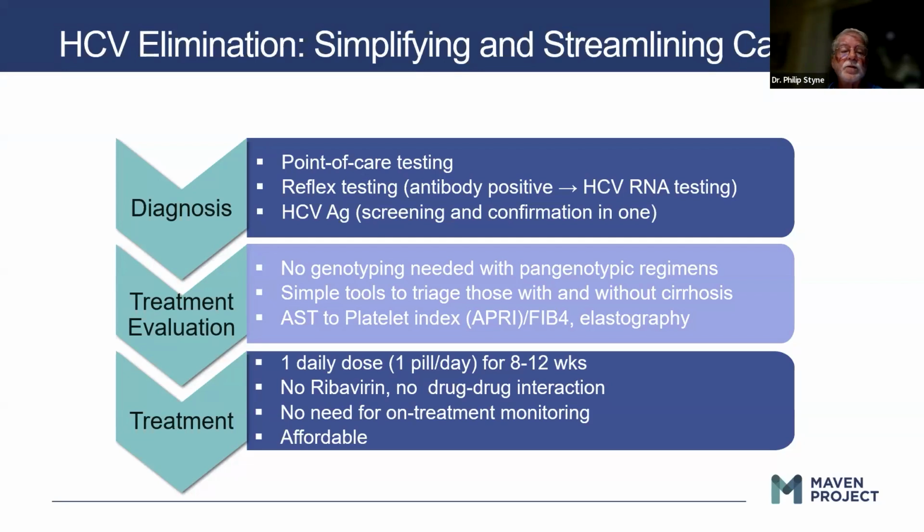And then the last line on this slide, the idea that simple pills for 8 to 12 weeks that don't require ribavirin, which has a lot of drug-to-drug interaction, and really virtually no during-treatment monitoring, and reducing the cost are the ways that we, primary care providers and hepatologists, can advance the treatment of this disease. Next slide, please.